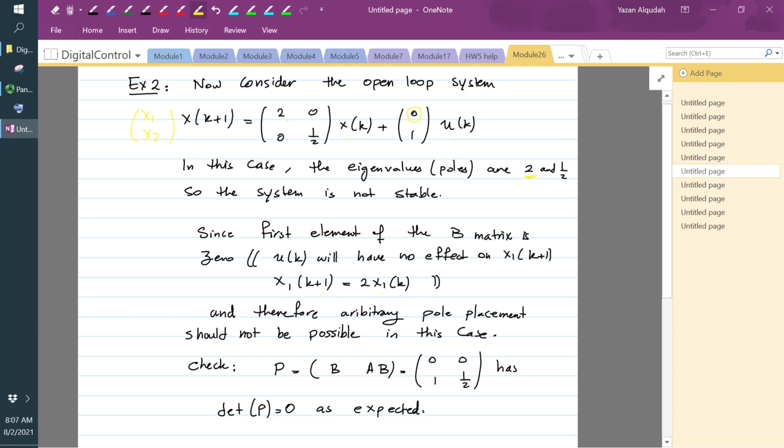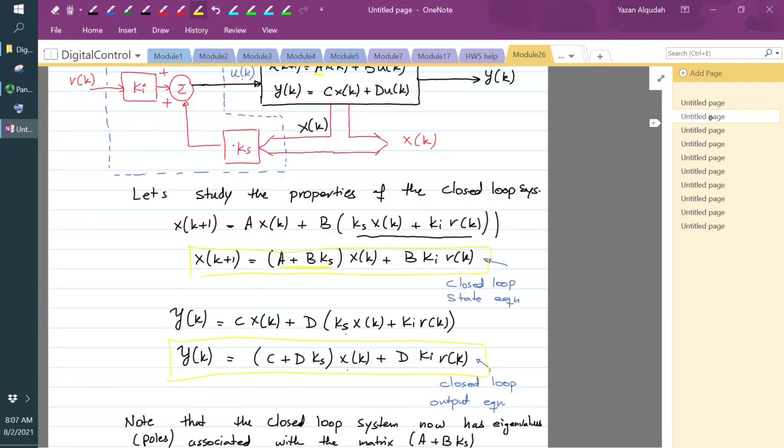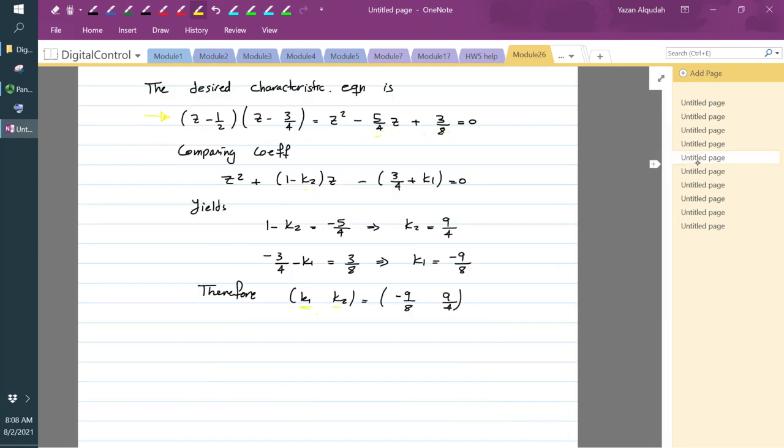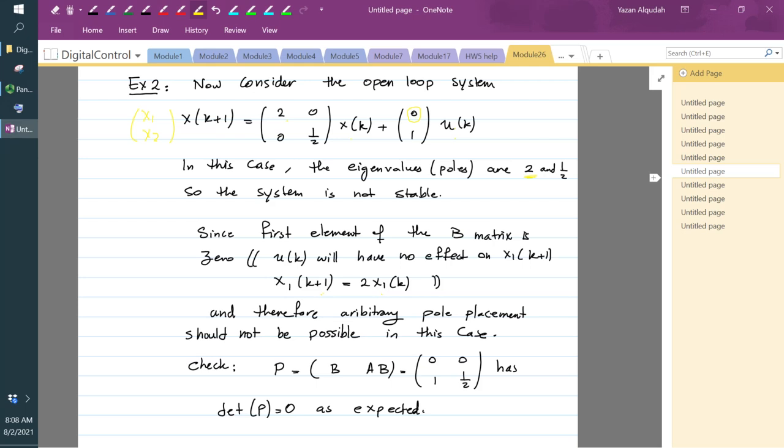So u of k will have no impact on the state x1. And that tells me, since x1 is not dependent on u of k, I should not be able to use the pole placement method, because the state is not dependent on the input. I can change or control the value of the input, but if that state inside the system is not dependent on that input, then I'm not going to be able to control it.